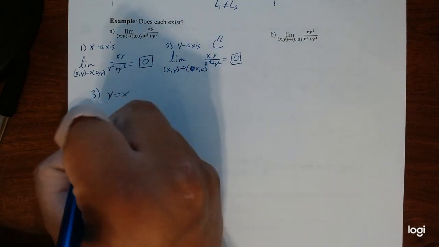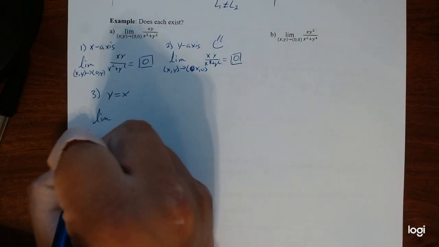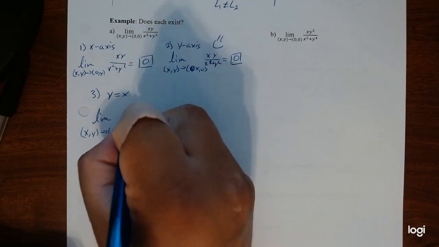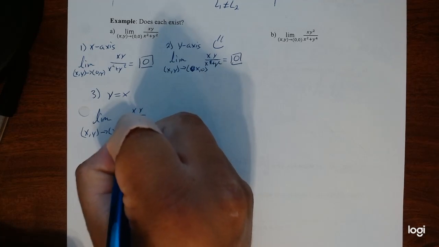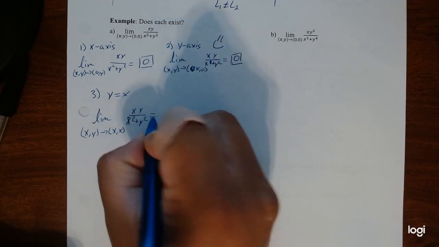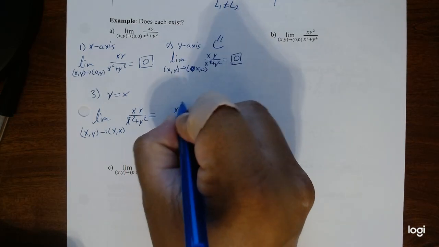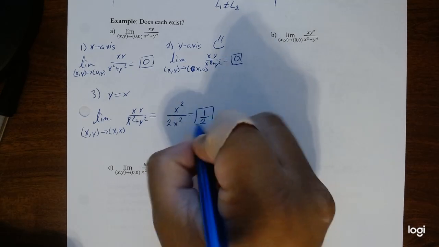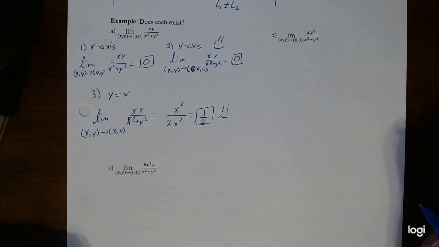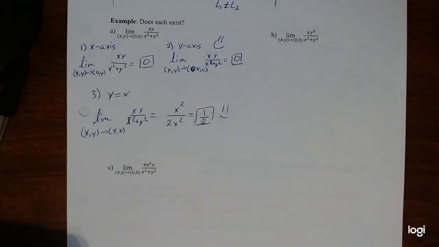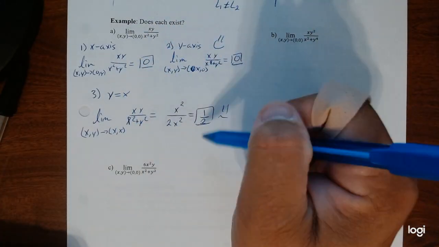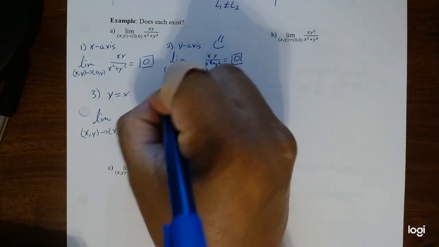Okay, so if we do that, and I'll just replace y with x in this function, well, that gives us x squared on top, and 2x squared on the bottom. This gives us 1/2. Uh-oh. And remember, every path must give the same limit, right? According to the definition, it's arbitrary paths. But since they don't agree with each other, this limit actually does not exist. So this is a no.